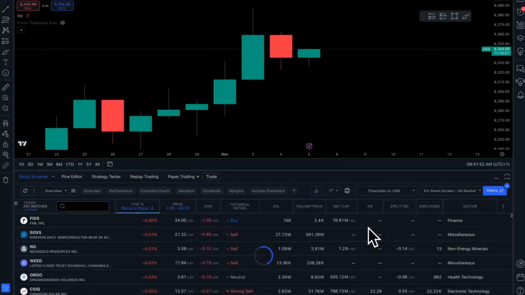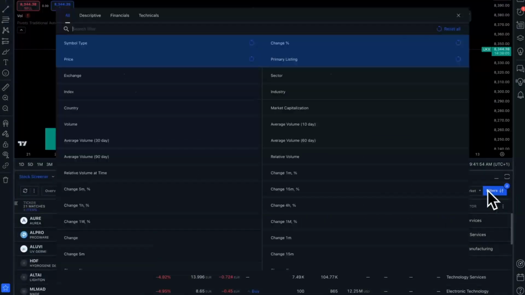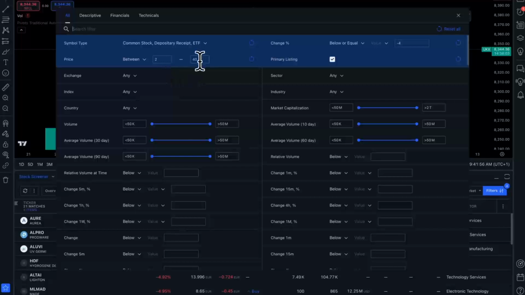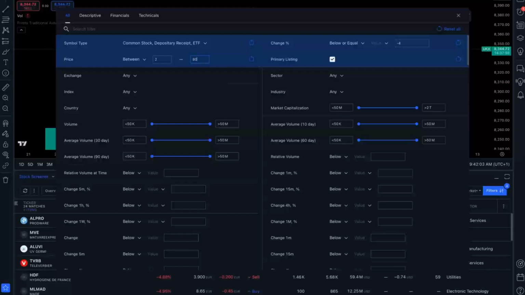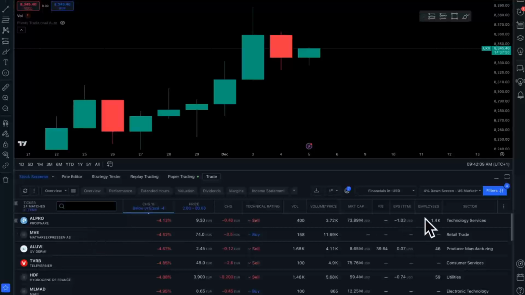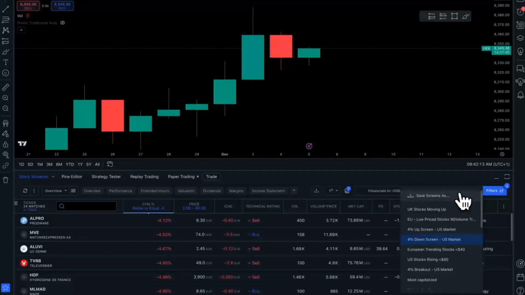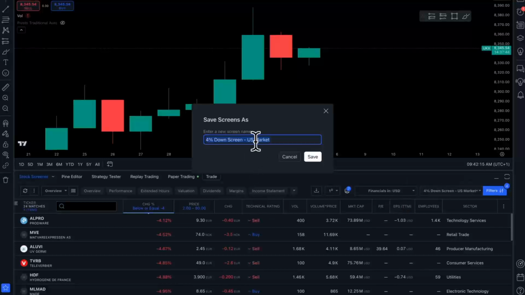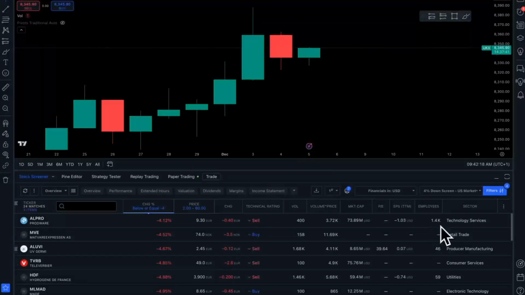The filters we set up are just looking at stocks between $2 to $40. Let's just expand that to $80. So we've got a bit of a range, and we can see now that there are 24 companies listed in that range.